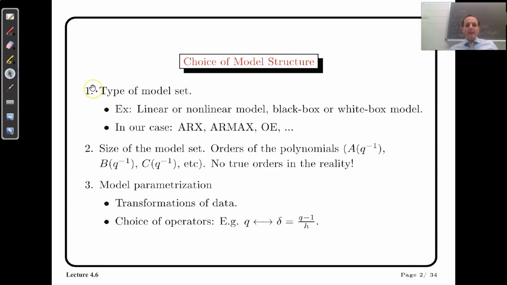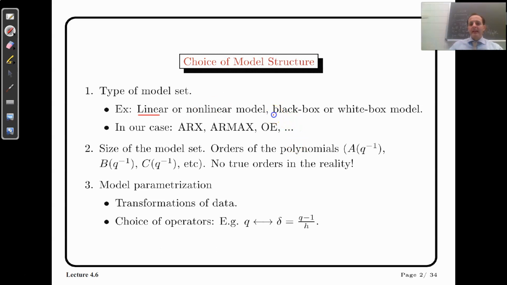So let's see the main points of these themes. As I already said, the type of model is set. So it means that normally, until now, we use linear descriptions, and nonlinear models will be used in the second part of this course.